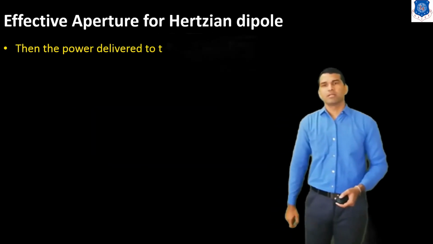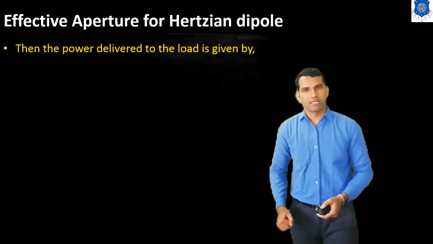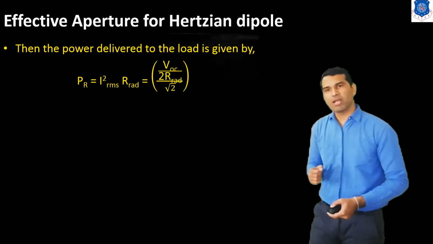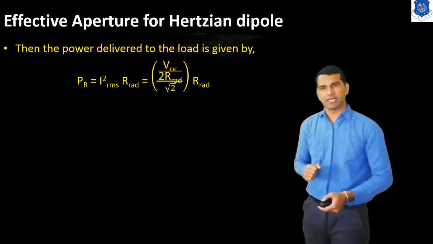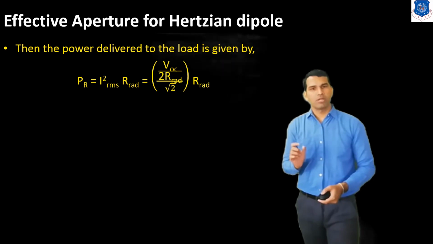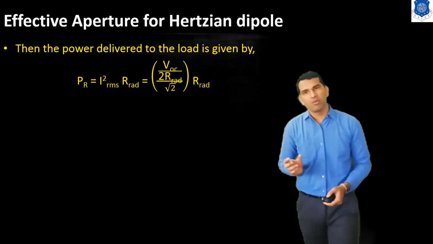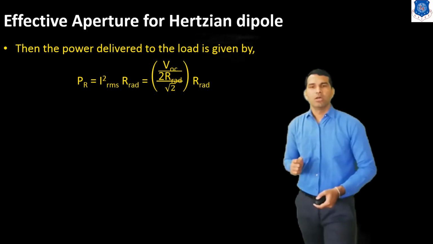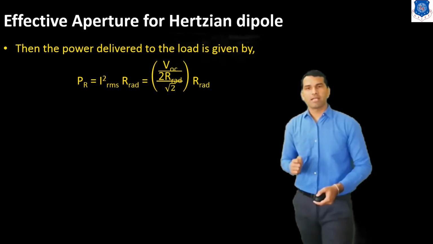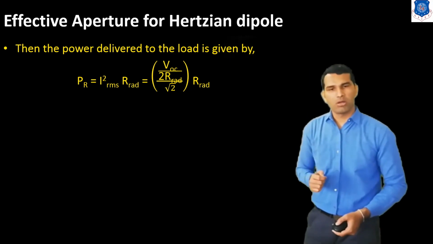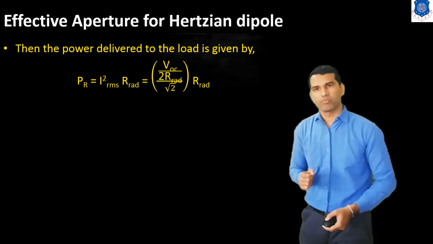The power delivered to the load is given by PR is equal to I square RMS into R radiate. So this is the power equation, PR is equal to I square R. We can also write the I square in the form of VOC upon 2 R radiate under root 2.